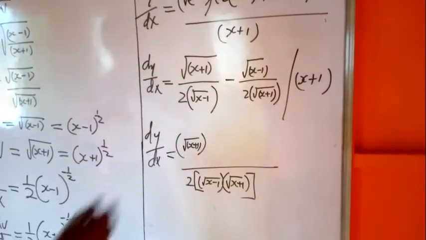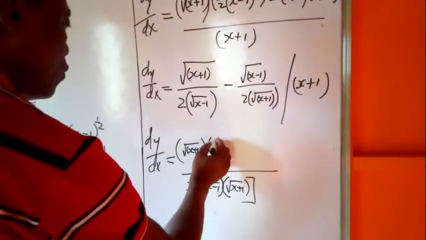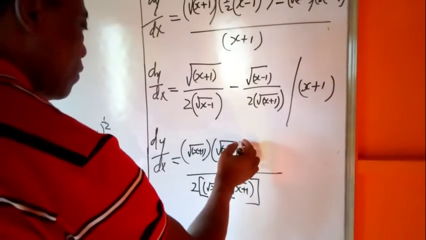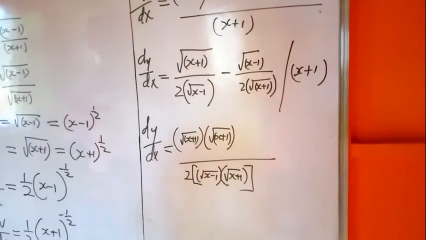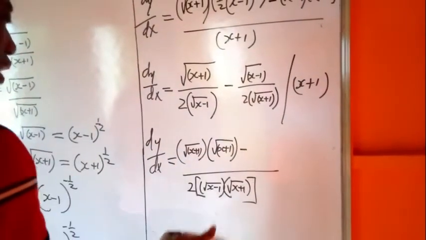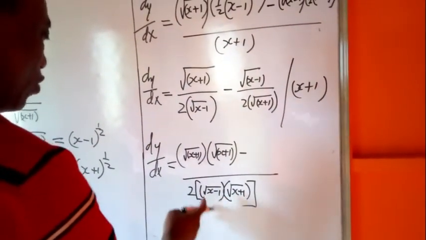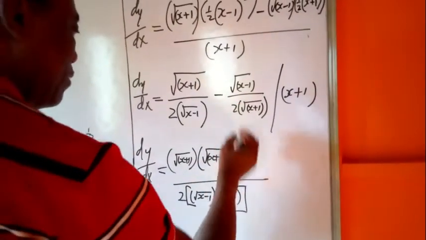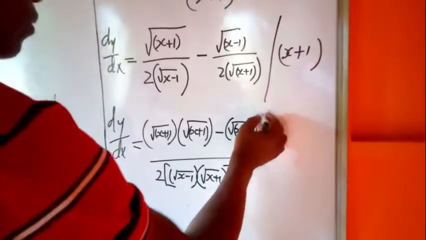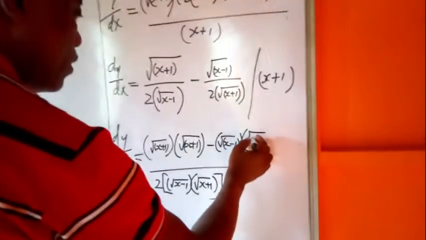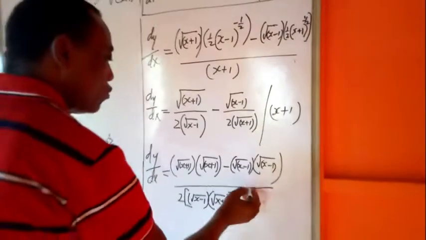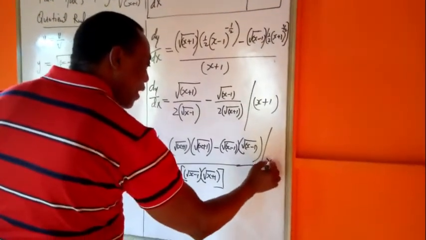So root x plus 1 will multiply root x plus 1. So you have the minus sign. 2 into root x plus 1, 2 into root x, so you have root x minus 1. You have root x minus 1 multiplying root x minus 1. Now you have divided by x plus 1.